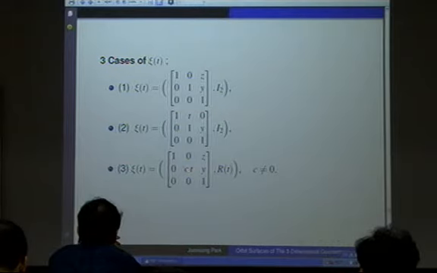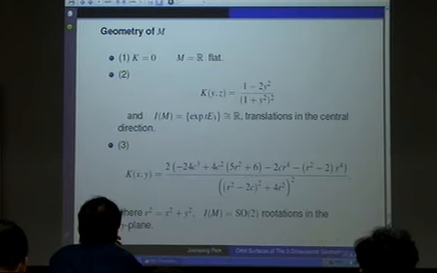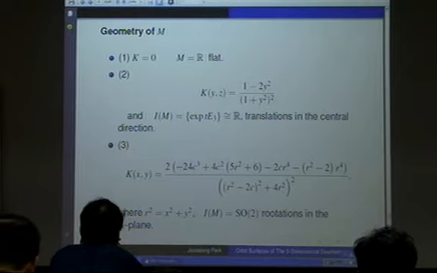Okay, now let's see the geometry of M. For the first case, the base surface is flat R2. And for the second case, the Gaussian curvature becomes like this.